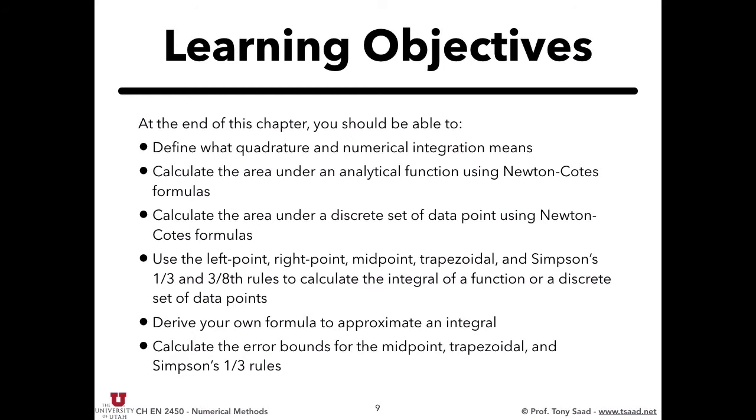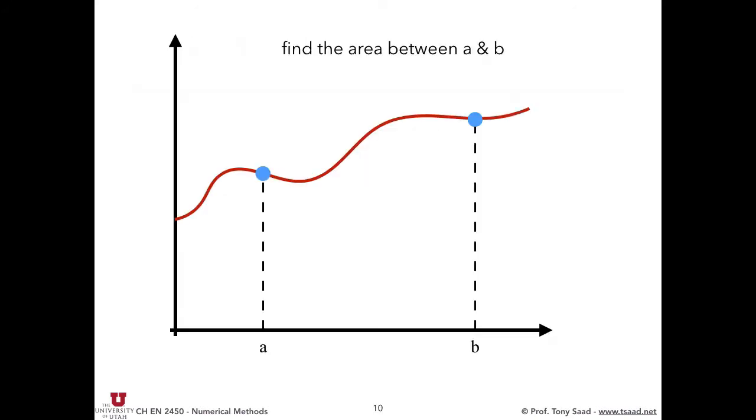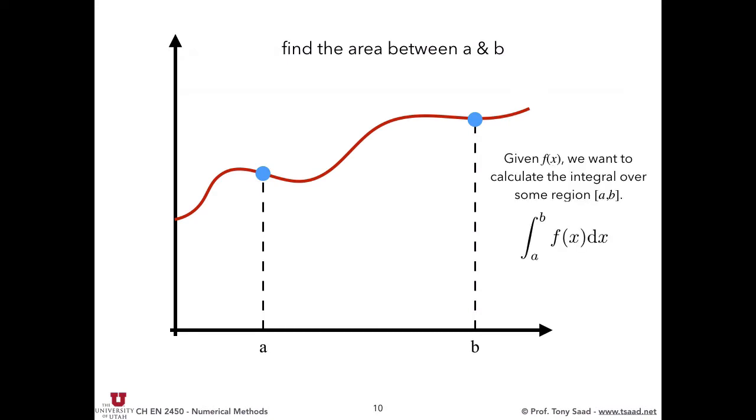As we introduced, the goal of numerical integration is to find the area under a curve. Typically, you are given a curve, whether specified analytically, like a function, sine x for example, and you're asked to compute the integral of said function on the interval a to b.